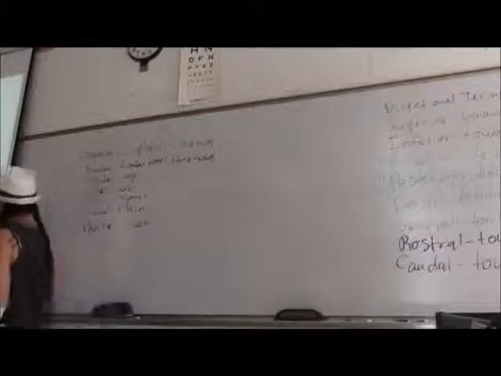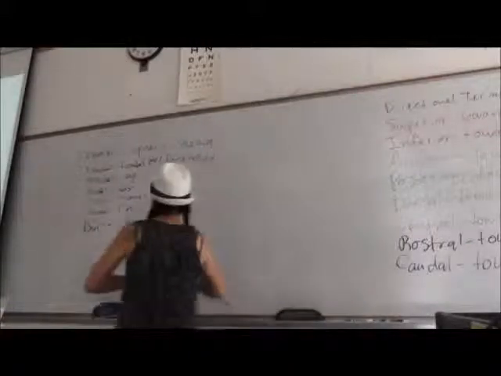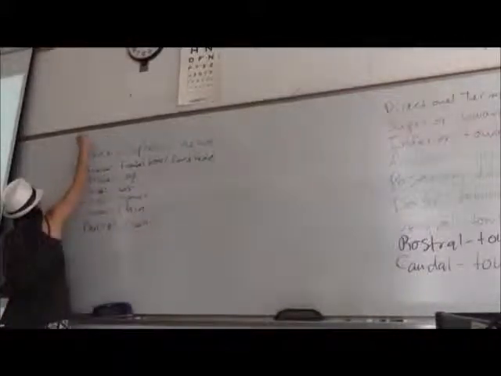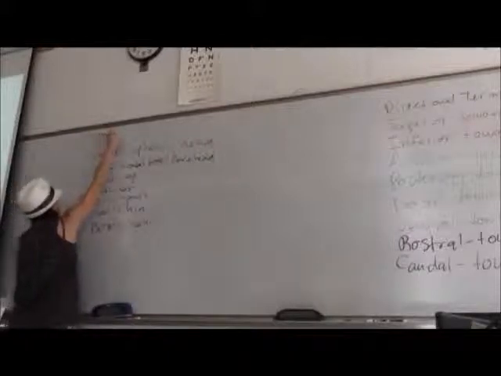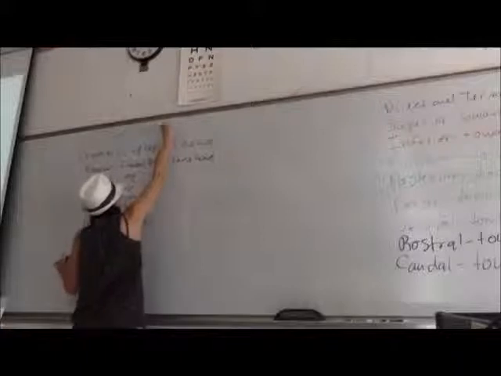Then if we look next, this region here is your thorax. So your whole trunk is what we call your axial area, or your axial region. So let me write that over here. Axial is referring to your head, your thorax, and your abdomen.